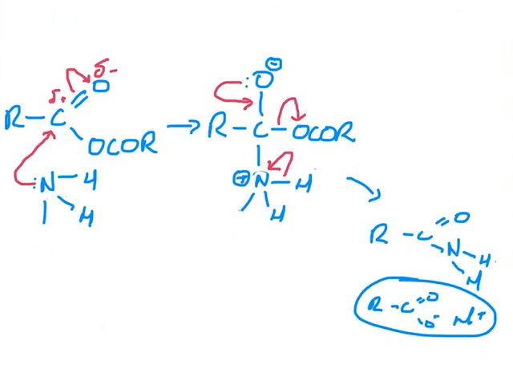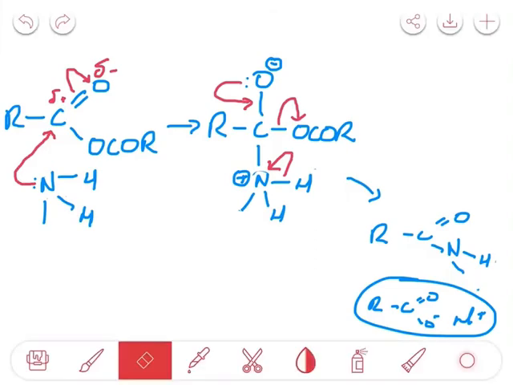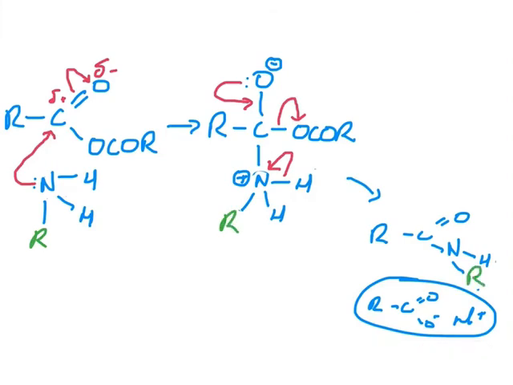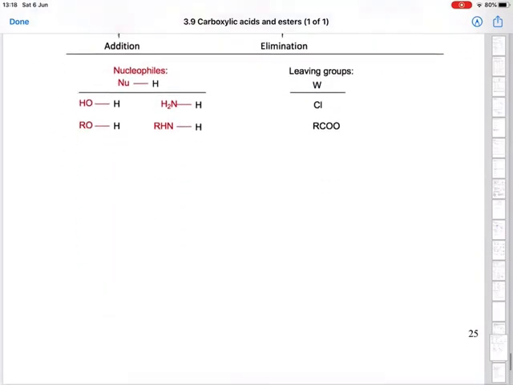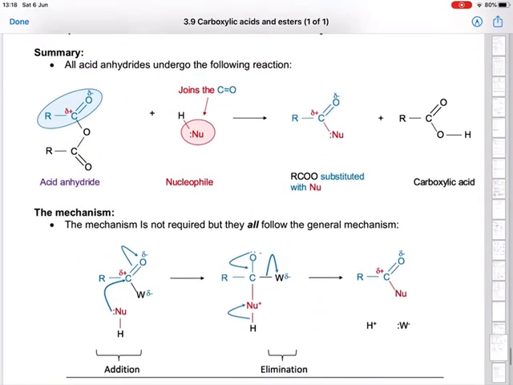So let's do this hydrogen here, and that hydrogen there, and I just need to change it to an alkyl group. So R, and R. And I hope you can see that what we've got is exactly the same mechanism, but this time it gives us the N-substituted amide instead.